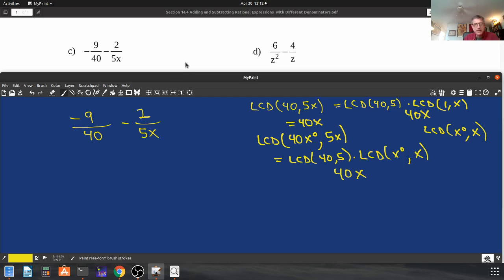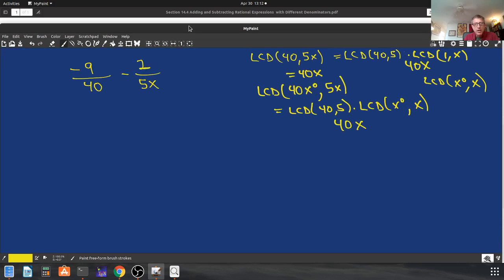At any rate, let's go ahead and add these. We're going to pretty much stick to really baby examples for this last lecture for this week. So I have minus 9 over 40 minus 2 over 5x.